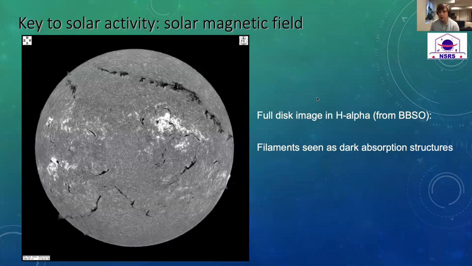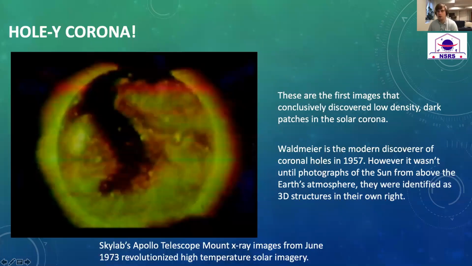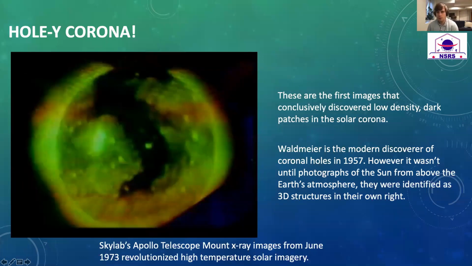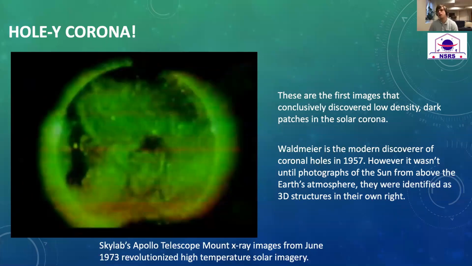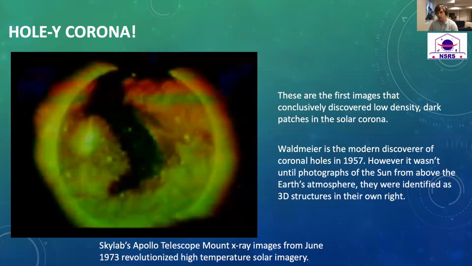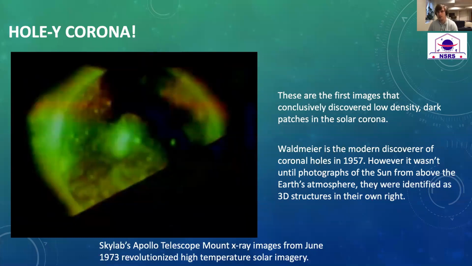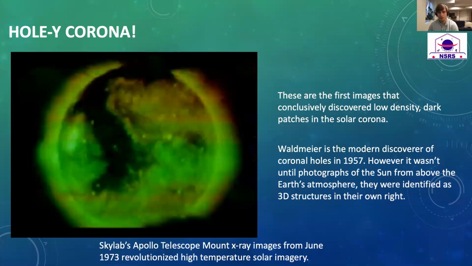All right. So we've gone through a little bit about sunspots, a little bit about active regions, touched a tad on solar filaments. But what I'm going to spend the rest of the time on is talking about coronal holes. Coronal holes are the third major type of solar activity that can affect the Earth, that can be geoeffective.